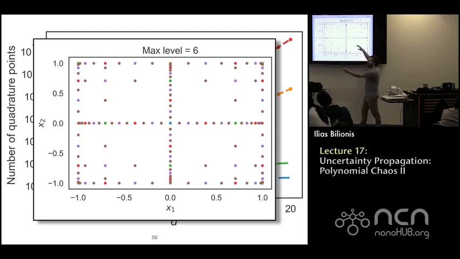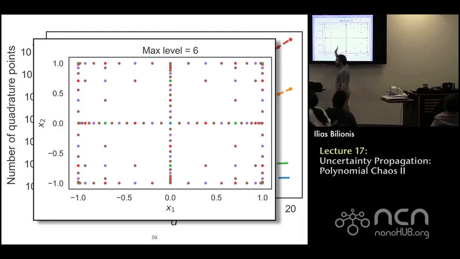You would start with a big thing, and then you would say, should I adapt? Oh, there's nothing going on here, so stop working here, but there's something here. So let's focus in here and only increase the level here. And then you split this into small squares and you zoom inside them and so on and so forth. So this would be called adaptive sparse grid quadrature, which is another thing that you could do.